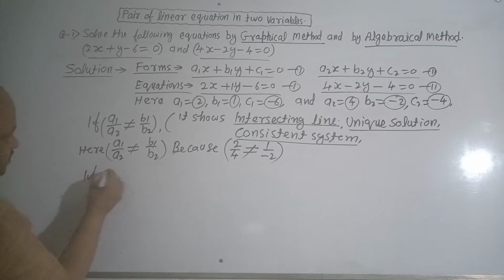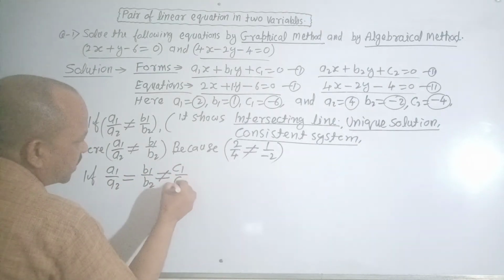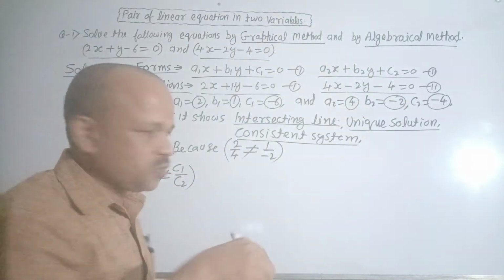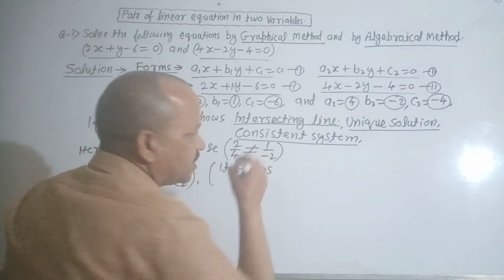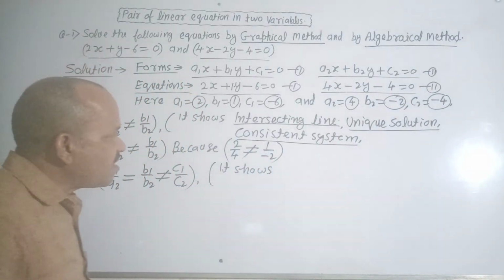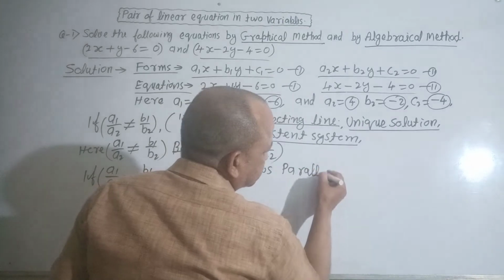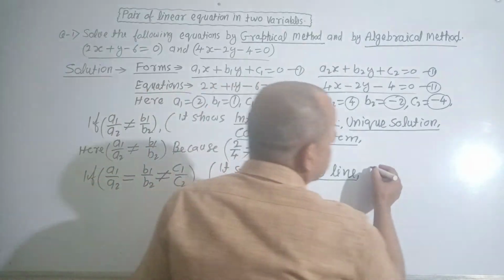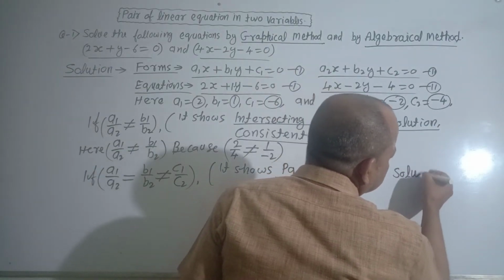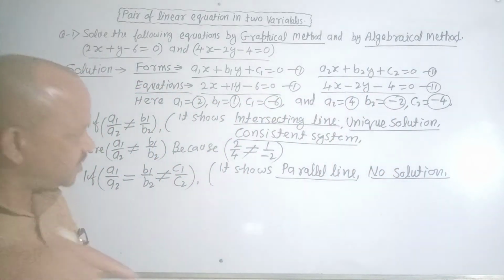If a1 by a2 equal to b1 by b2 not equal c1 by c2, then it shows parallel lines, no solution and inconsistent system.